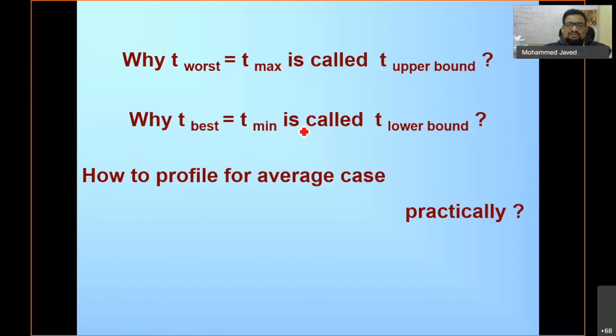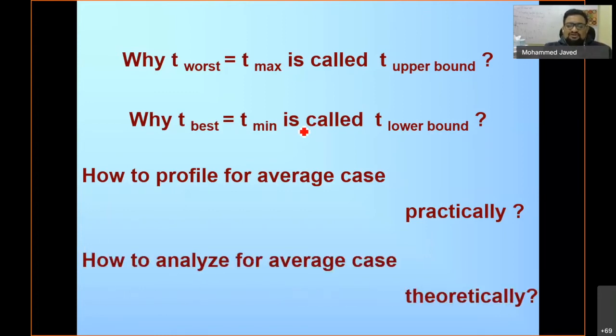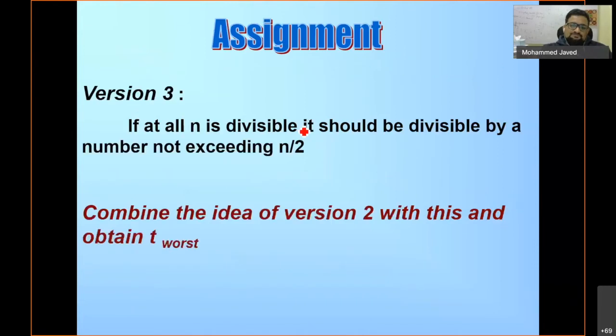You divide by the number of times you did the experiment. That will give the average time complexity practically. How to analyze the average case theoretically, we will also see for a few algorithms in this lecture.